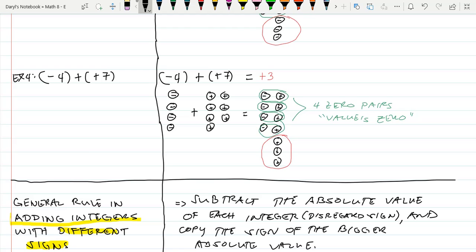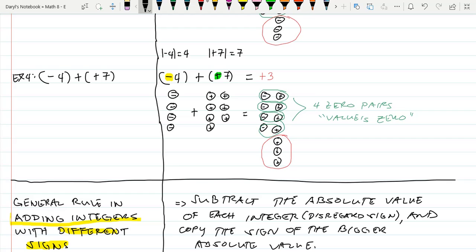So just like in this case here, you have negative 4 and positive 7. So the absolute value of negative 4 is just equal to 4. And the absolute value of positive 7 is just equal to 7. So you're just subtracting the two absolute values.